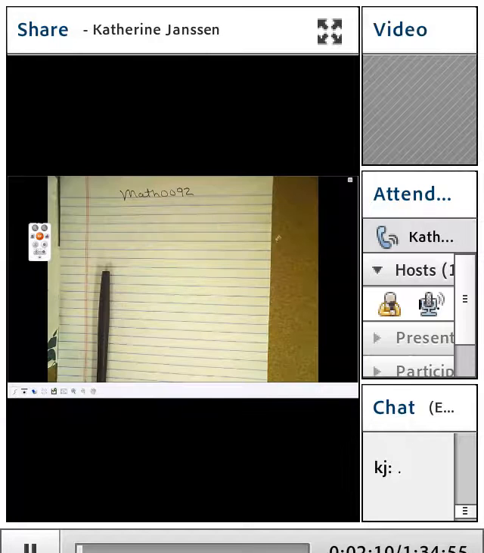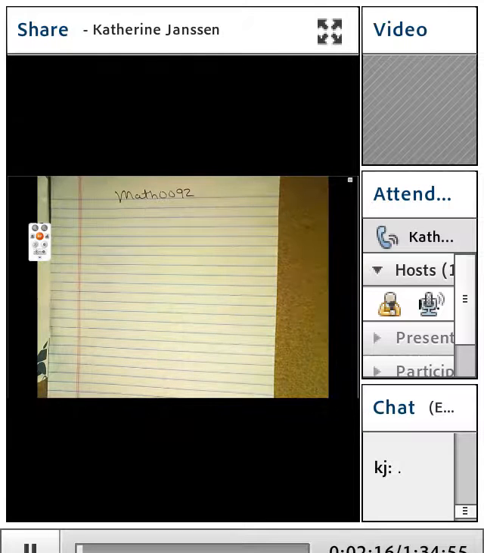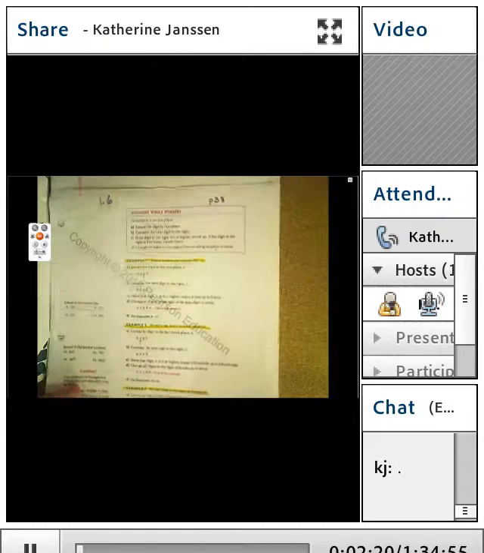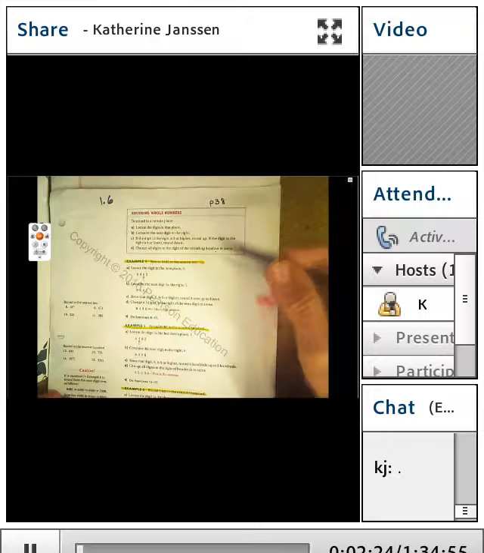So we'll continue now with section 1.6 on page 38. On page 38, we're discussing rounding whole numbers.